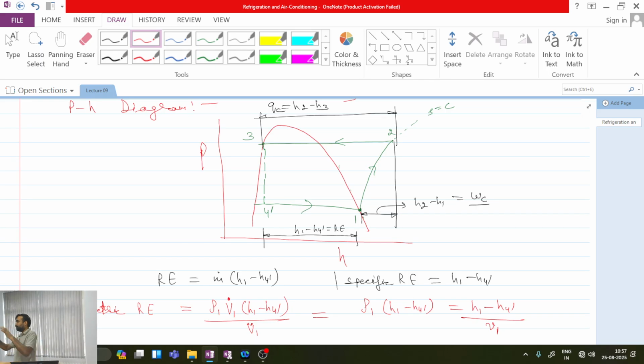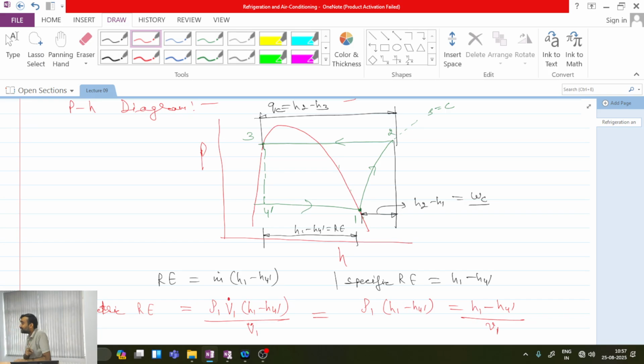Because if you use a reciprocating compressor, then when you move the piston from bottom dead center to top dead center, in that process it will be pushing a fixed amount of volume, which is called displacement volume or swept volume.